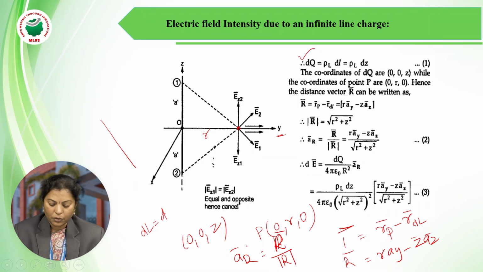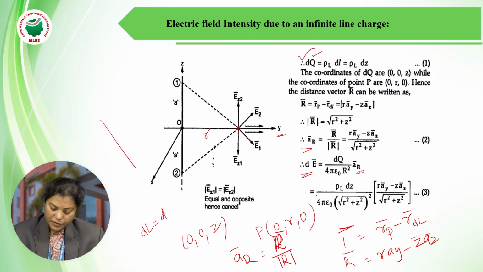After calculating aR, and since we also know dq, we know that electric field intensity is given by Q by 4 pi epsilon naught into R square. That is the generalized form of the equation. In vector form we can define dE equal to dQ by 4 pi epsilon naught into the distance squared, into unit vector aR.